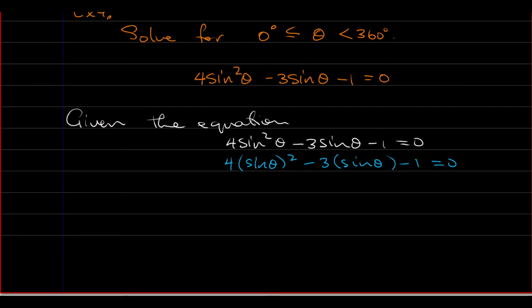So that means we can do a substitution. I'm going to use y. So I'm going to say let y equal to sine theta. So that means that I will get 4y squared minus 3y minus 1 is equal to 0.